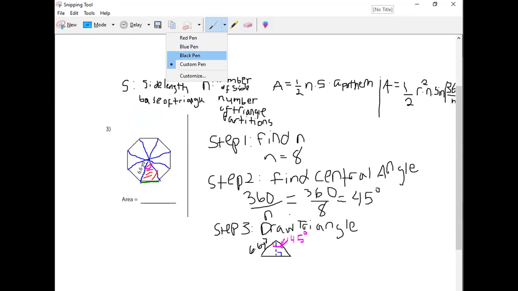All right, so step 4, sorry, is to now draw half of your triangle partition, which is what we're going to do here to help us find our base and height.